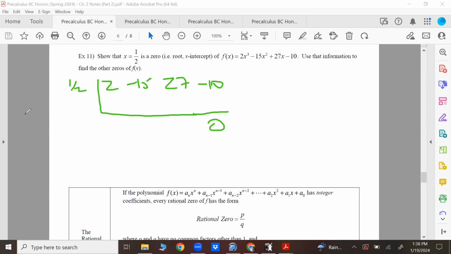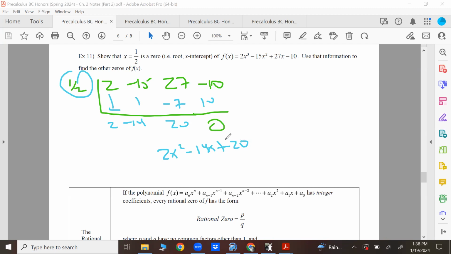So anyway, let's work it out. Let's drop it down. 2, 1, negative 14. There you go. So definitely that's a 0. Then you got this, right? Now, before I get too carried away, what can I do to factor this? What's the first thing I should do?